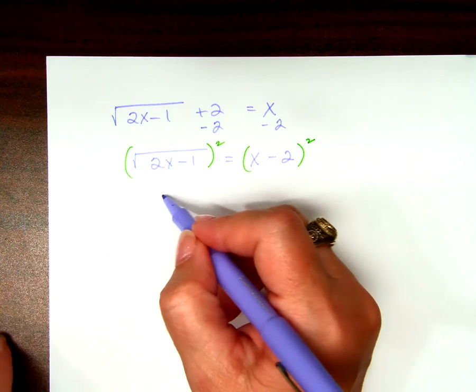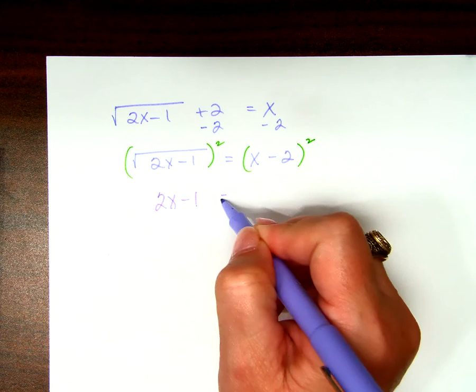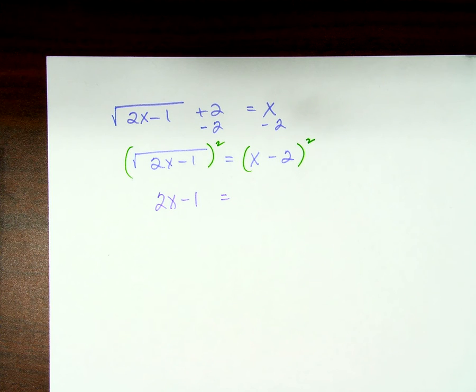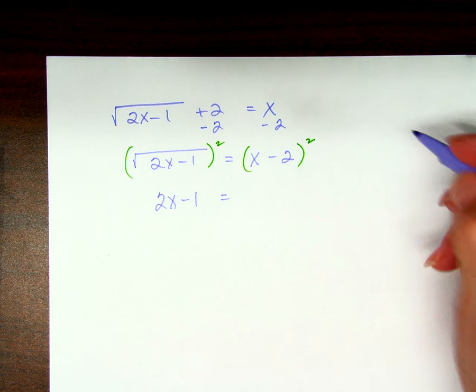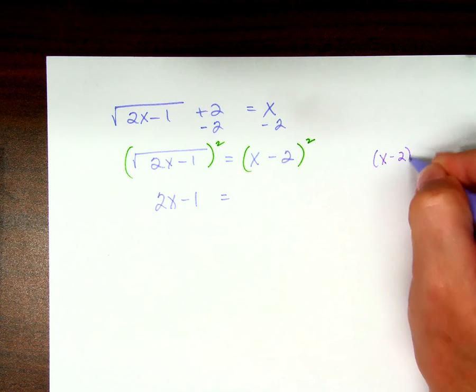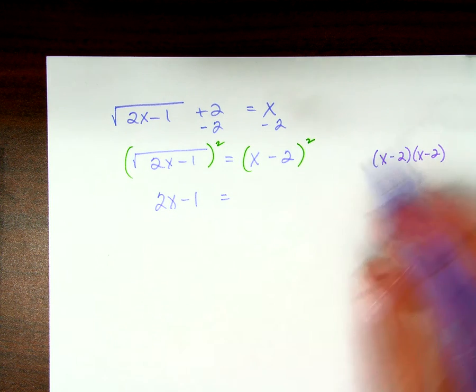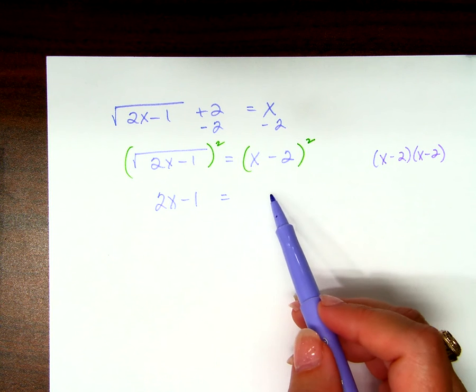So it's just 2x minus 1. What happens on the right-hand side of the equation? Oh, I multiply x minus 2 times x minus 2? So like this? So you're telling me I'm not just going to get x squared minus 4?